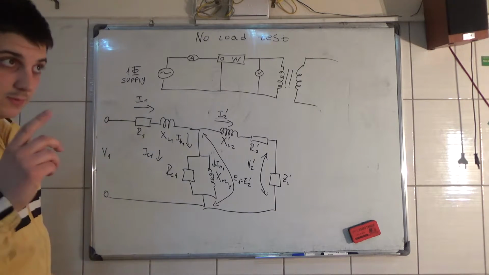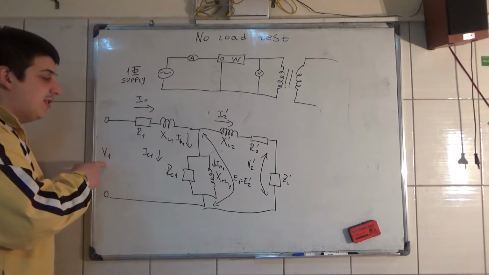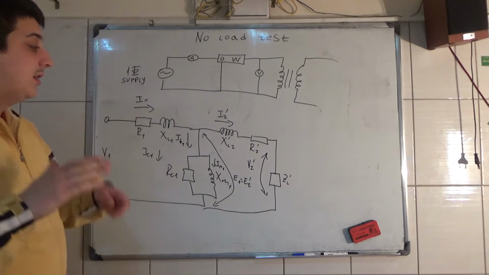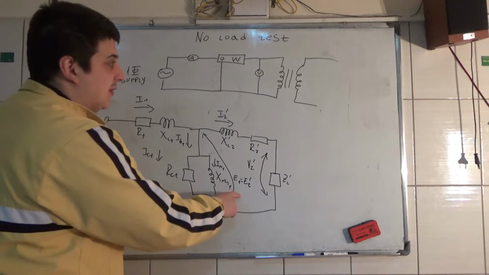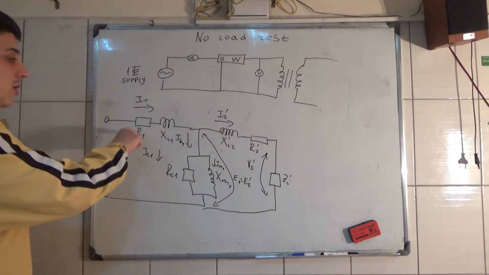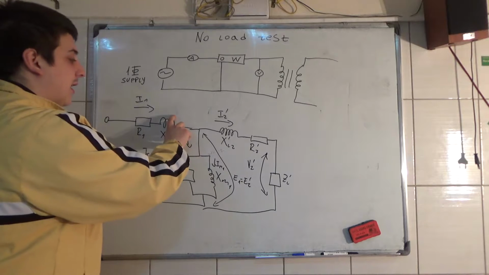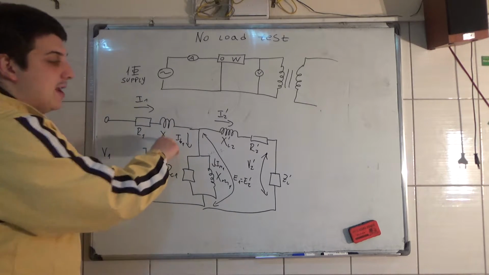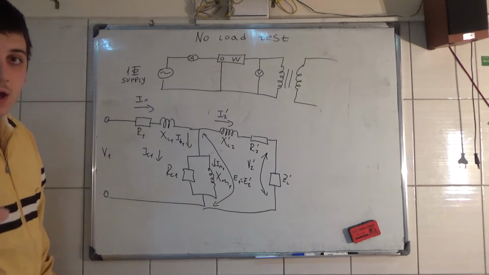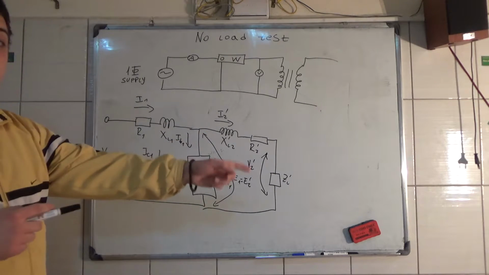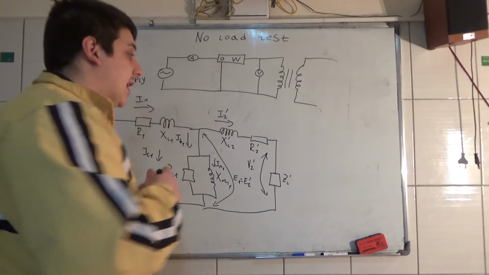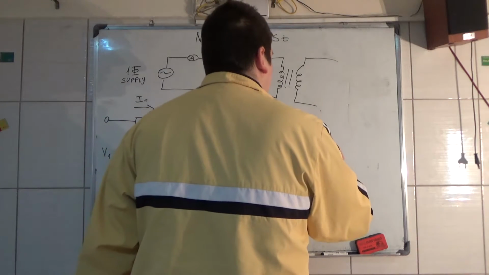The supply voltage V1 is almost the same as the induced voltage on the winding, so this R1 and the leakage reactance XL1 are neglected. So now we have an equivalent circuit for the no-load test from the primary side that is like this.